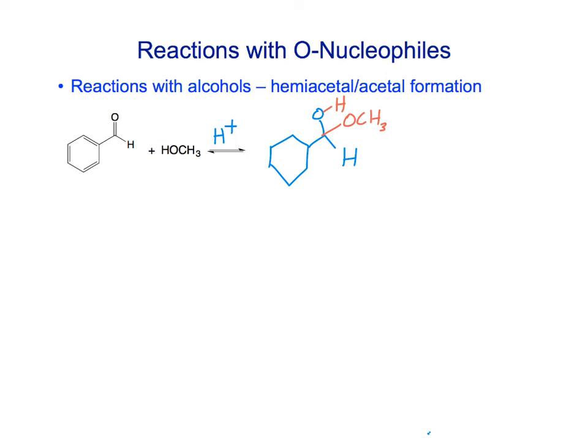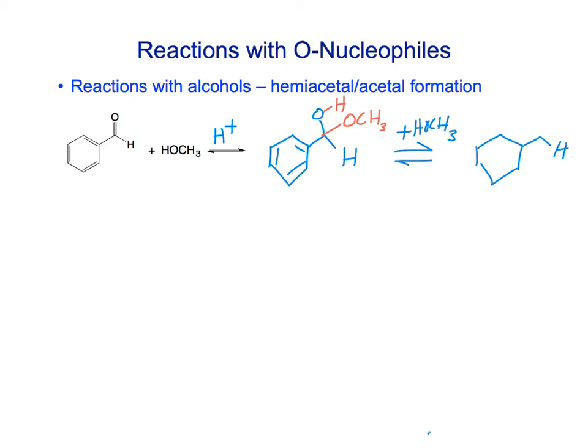Now, this can react again, all right, if we have enough alcohol here. So we're going to put plus the alcohol again. And in the second step, what happens is that the OH gets replaced by the OCH3. Okay, so it's more like a substitution of this, kind of an addition first, and then a substitution.